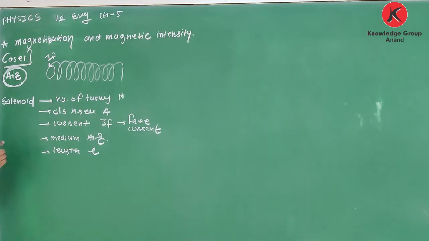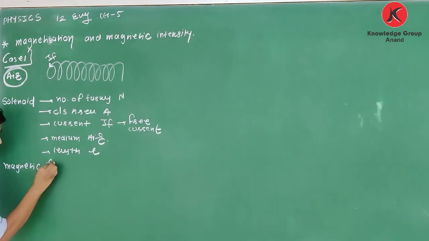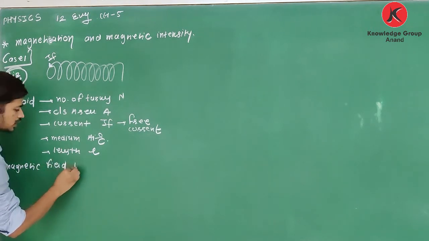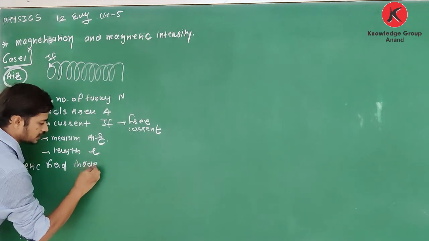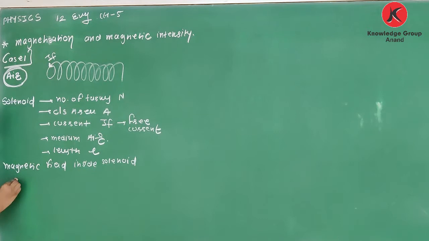Then we know that the magnetic field inside the solenoid is B0. Why B0? Because initially the medium in the solenoid is air.